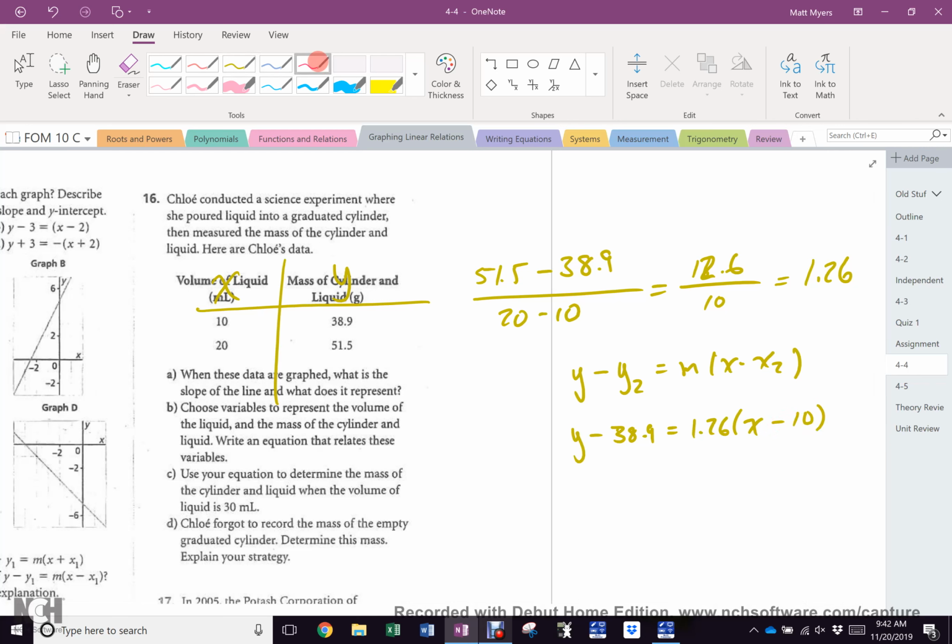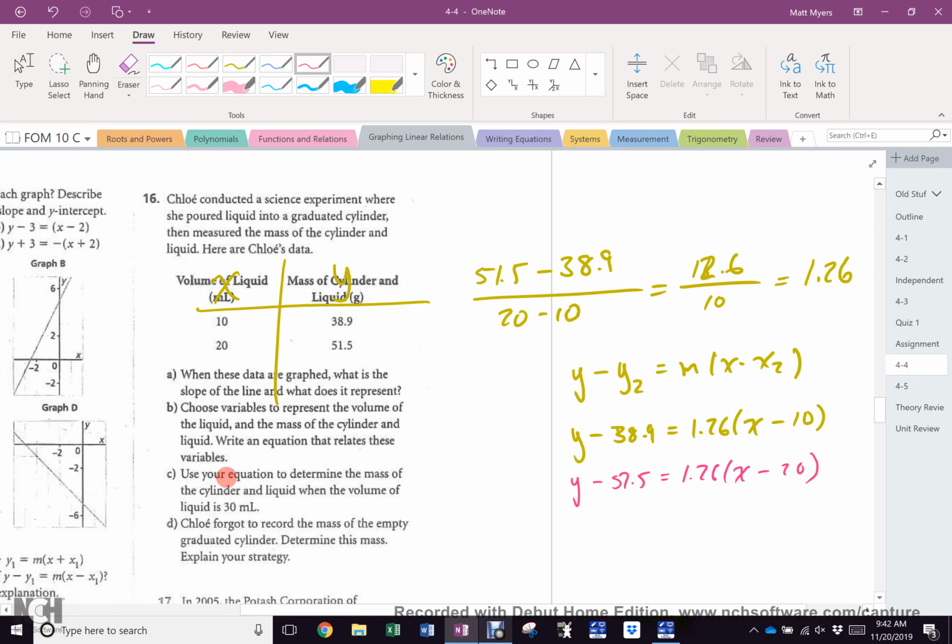What is the other way I could write this formula that would be just as acceptable? Y minus what? 51.5 equals 1.26 x. No, still minus. Right?